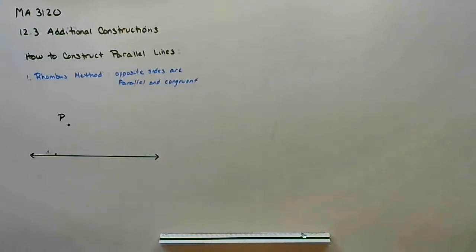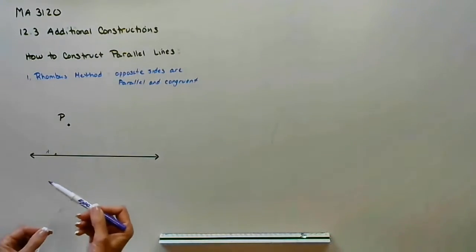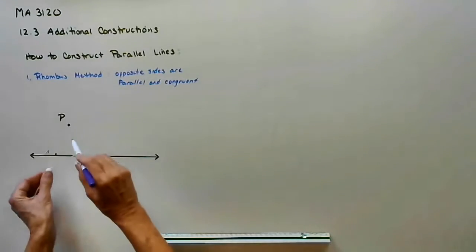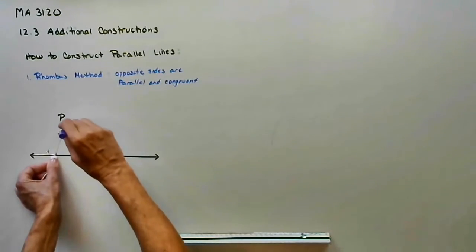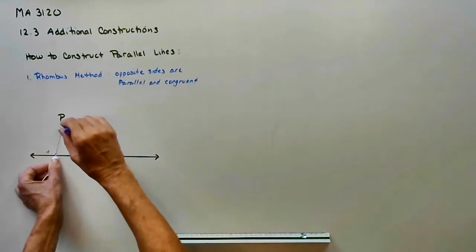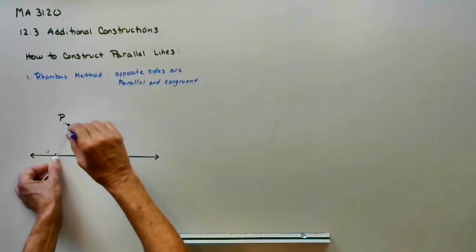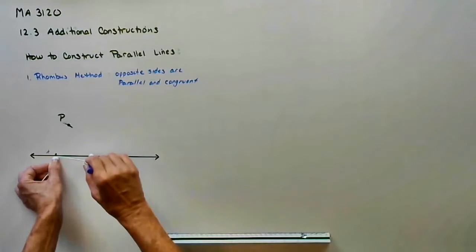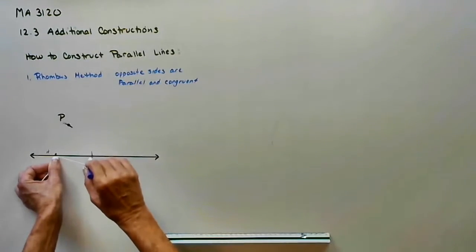So I'm going to open my compass up from A to P, and I'm going to swing an arc from A to P that is going to be the same as the arc onto my line segment.